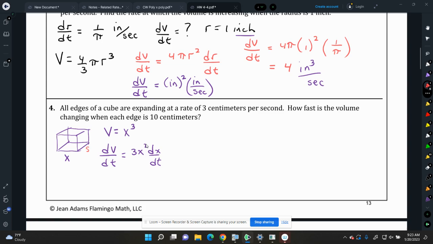All edges of the cube are expanding at a rate of 3 centimeters per second. So that's the dx/dt. How fast is the volume changing? We're trying to find dV/dt when x equals 10 centimeters.